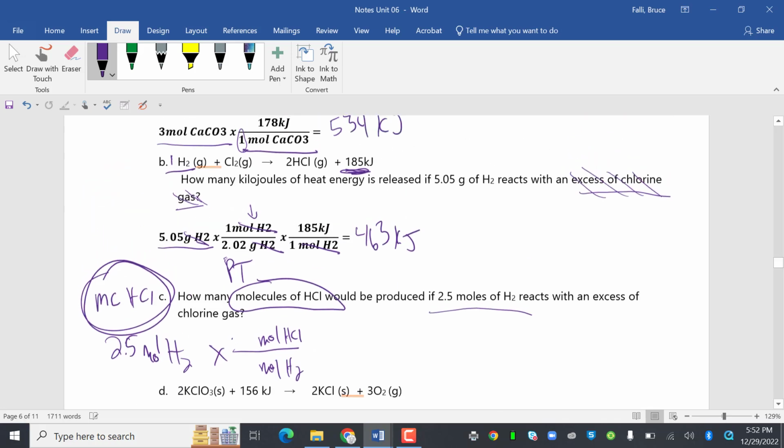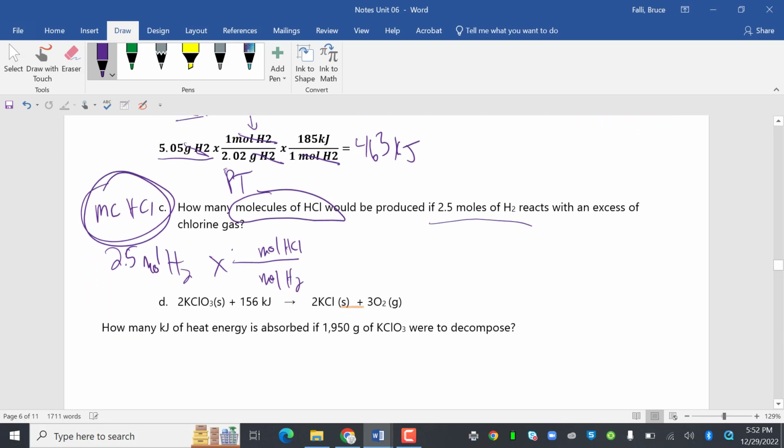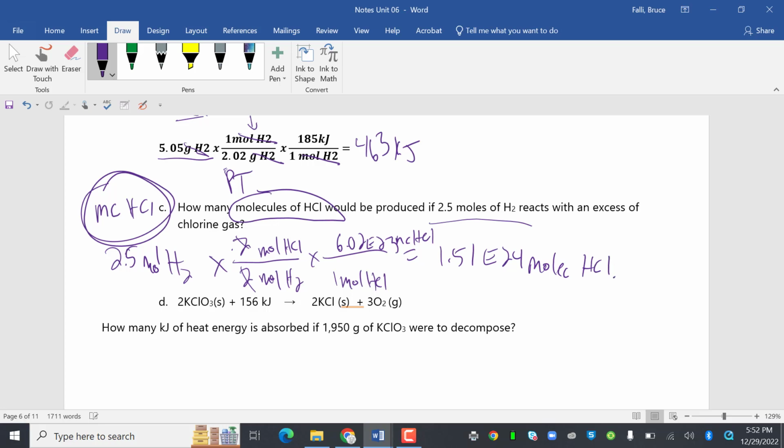And where are my coefficients? So 2 HCl and 2 moles of H2, times, now I'm going to do 1 mole of HCl and 6.02 E23. And look, see how these cancel out? This is going to be molecules of HCl. See how 2 and 2 cancels out? And I get the same answer anyway, 1.51 E24, but I got lucky.